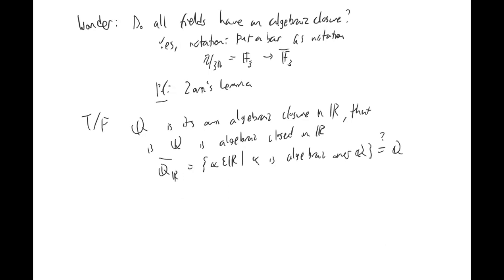Because the algebraic closure in R is by definition this thing, right? False. Can you give me an element in R, not in Q, that is algebraic over Q? Anyone will do. Pi is not. Pi is transcendental.